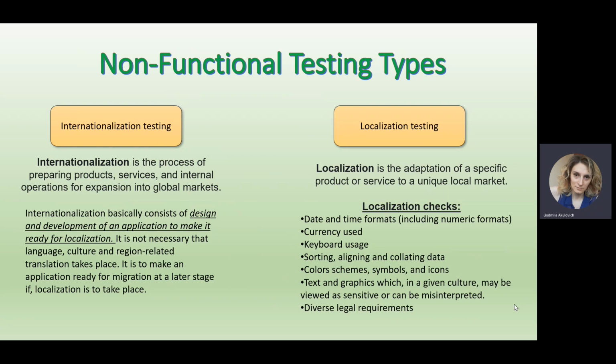So you've got some ideas of what should be checked. Of course, date and time formats, maybe currency, some different numerics, cultural peculiarities like color schemes, symbols that mean different things in different locations, buttons and the captions on the buttons, and legal requirements for the application, like, I don't know, is diversity allowed or not in your application?